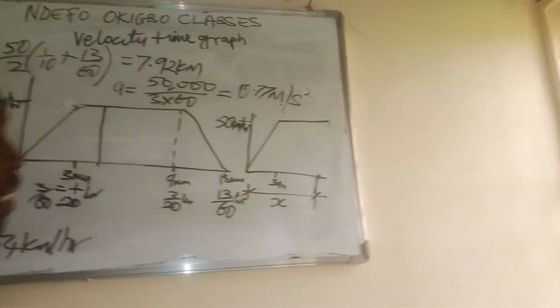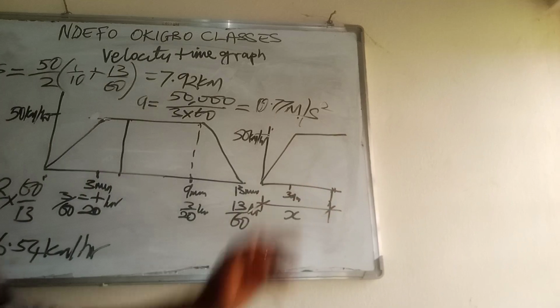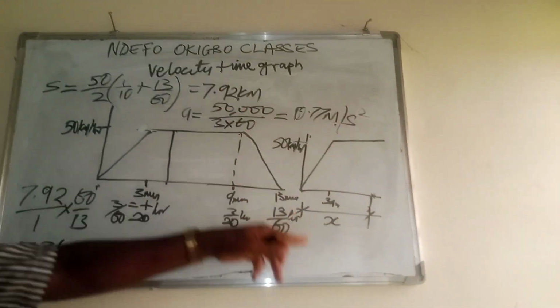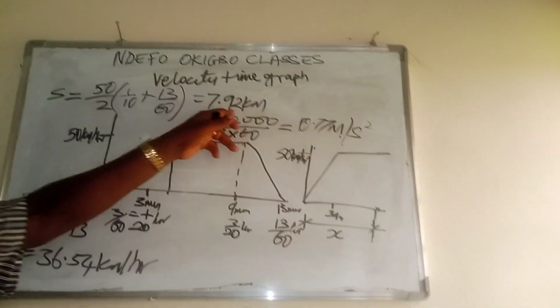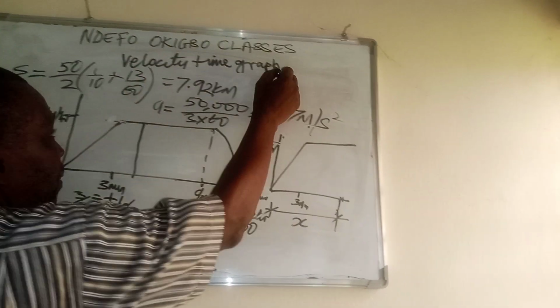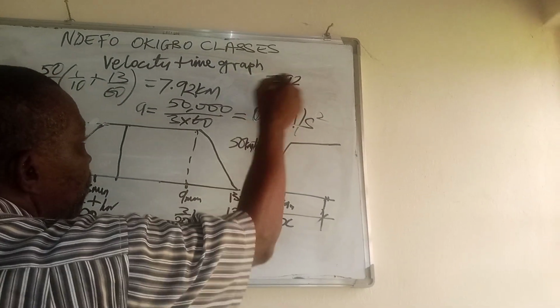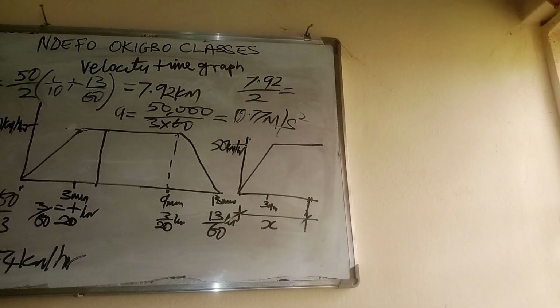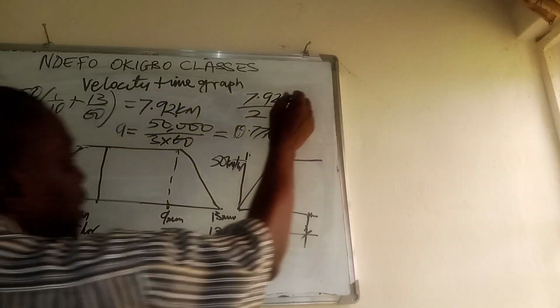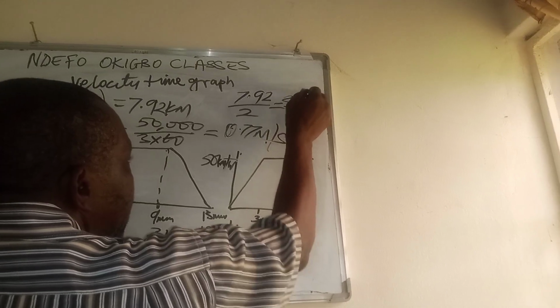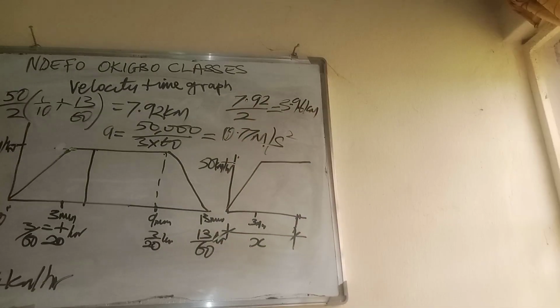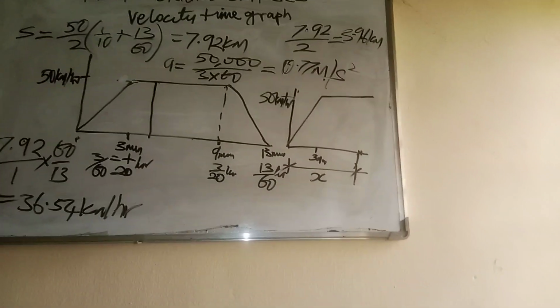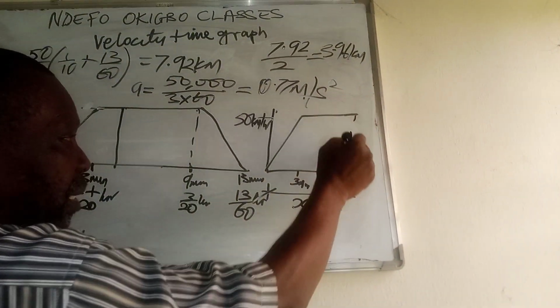So we call this x. The time used to travel half of 7.92 divided by 2, that's the half of the distance traveled, which I got to be 3.96 kilometers.